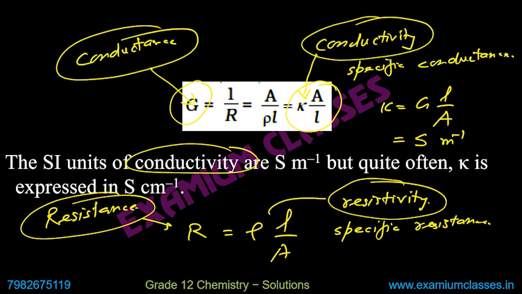Or you can say Siemens is conductance, so the unit is ohm inverse meter inverse. Sometimes it is mentioned per centimeter also, centimeter inverse.